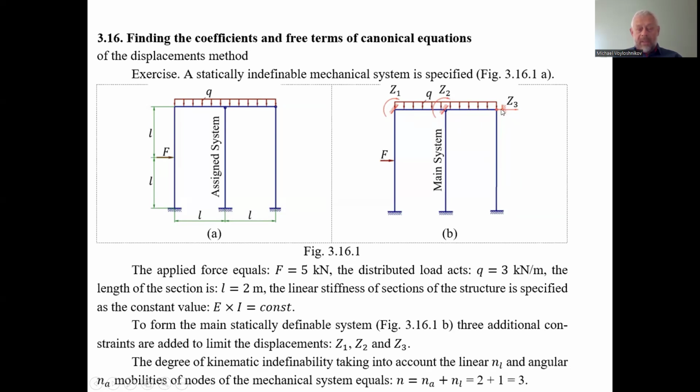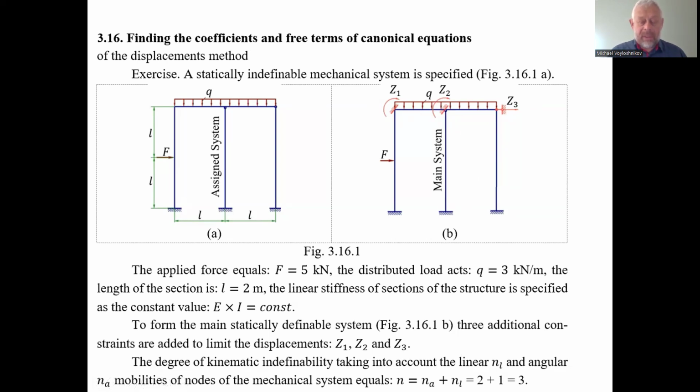This is the third of the extra connections for the displacement method. So we have the main system with these 3 displacements and constraint of displacement by 2 sliding embeddings and 1 hinged extra connection.